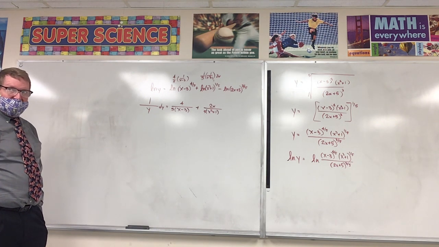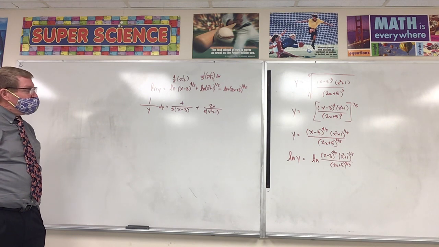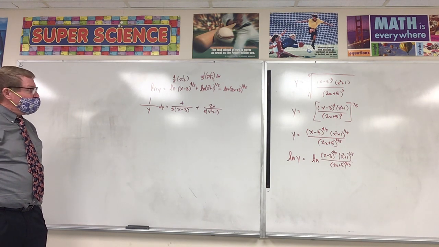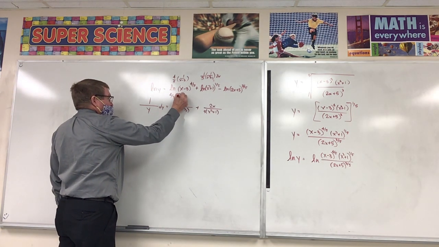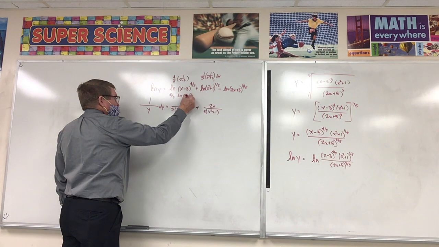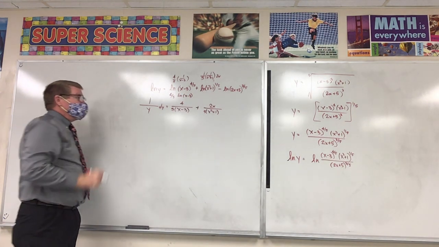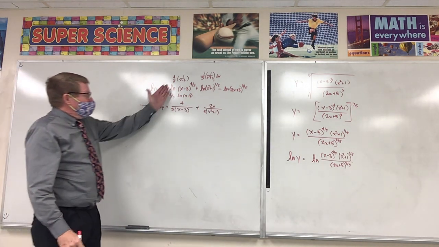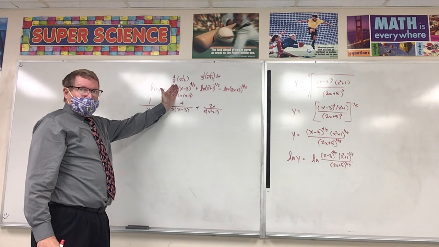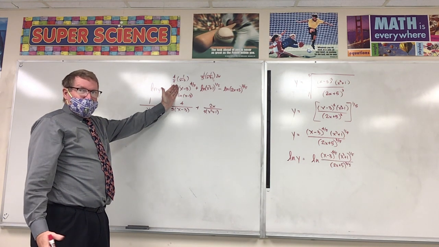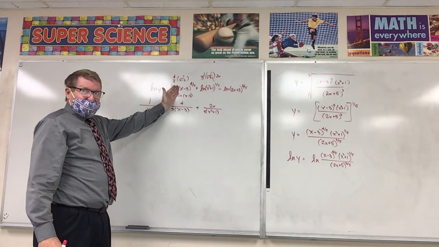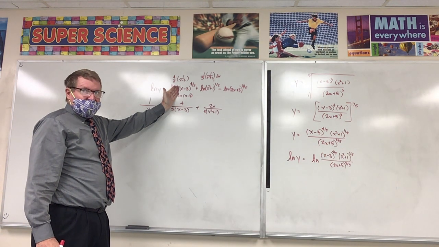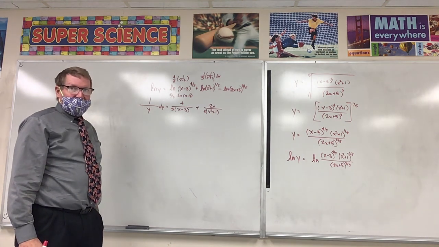No. Remember, the 4/5 is in front, so now we have 4/5 ln of x minus 3. So we're just taking the derivative of this, where the derivative of ln u is 1 over u du. So it's 1 over x minus 3 times the derivative of x minus 3, then times the 4/5.